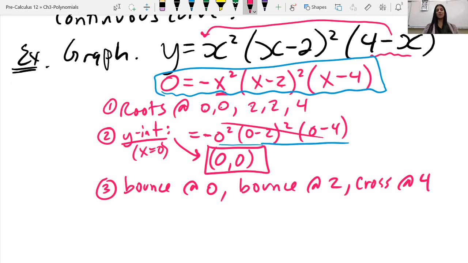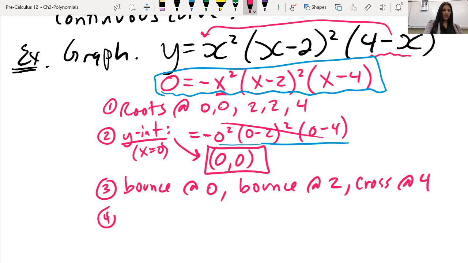So taking this step-by-step approach ensures that we don't leave anything out, we keep things organized, and we make this super clear. So that's ultimately what we're doing here. We're working our way through this in a step-by-step manner. You don't have to go through it this exact way. This is my suggested method that hopefully will make it easier for all of you.